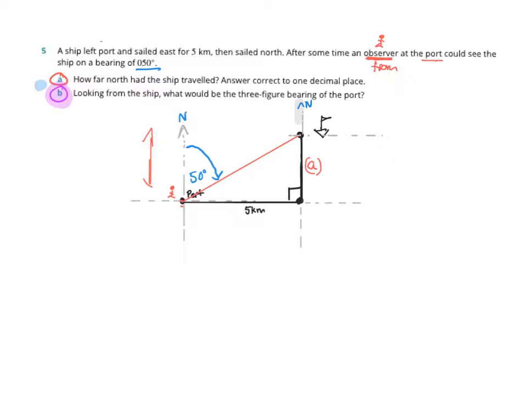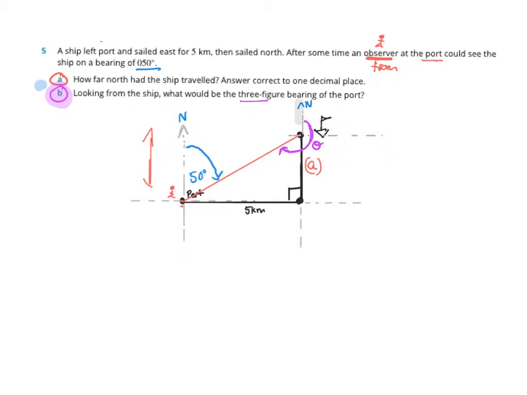So this question here, looking from the ship, what would be the 3-figure bearing of the port? So you go from this north all the way around to the line that hits the 2 of them. So you need to find that angle here, which is that whole one around there.